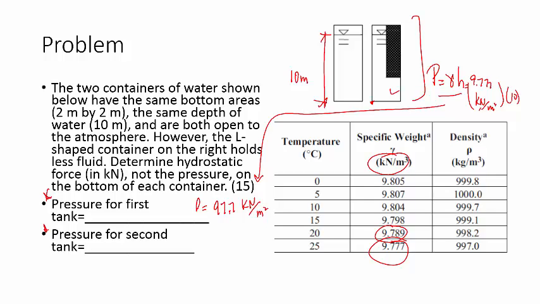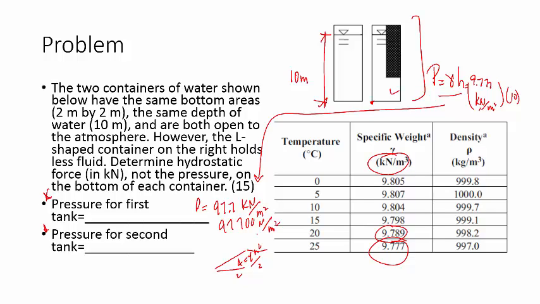So what we have is 97,700 newtons per square meter, and if the bottom has a 2 by 2, the area is 4 square meters.